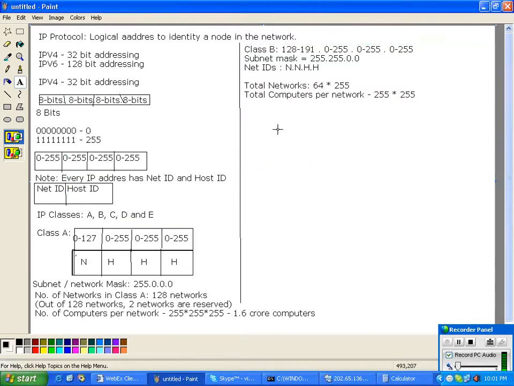It is only 65,000 per network. 1.6 crore computers to 65,000 per network. You can imagine. Class A network is a very big network, and Class B network comes down to 65,000. But here, instead of 126 networks, I can accommodate 64 into 255 networks in the Class B.